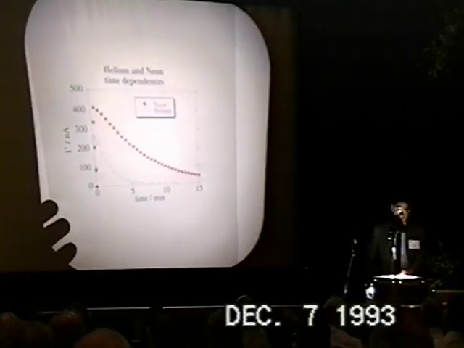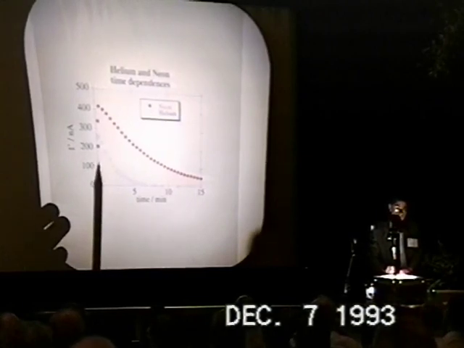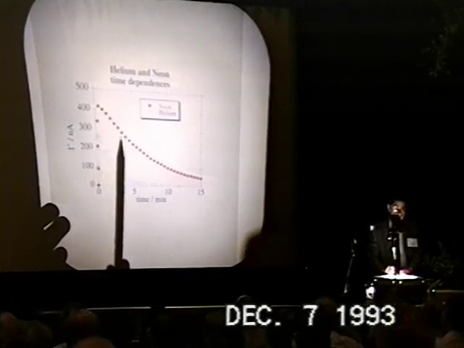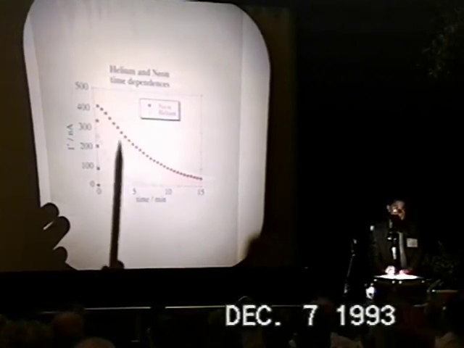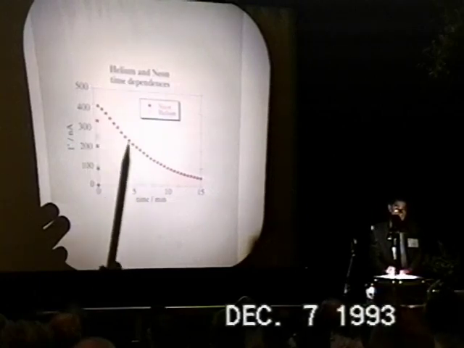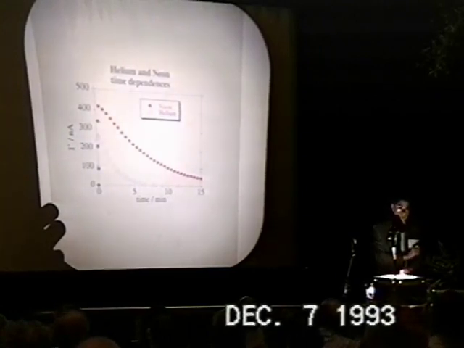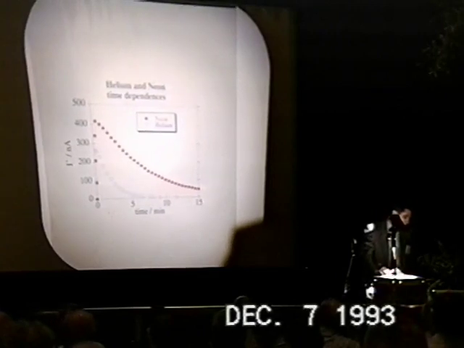I showed, looking at the same scale at neon and helium time dependence, that it is possible to look at helium, and shortly after, to follow the neon for a very large amount of time in order to be able to back trace to the maximum intensity. We can back trace with good confidence because we have superposition of the neon time dependence over a very large range of values.